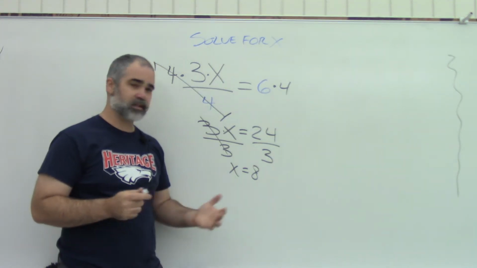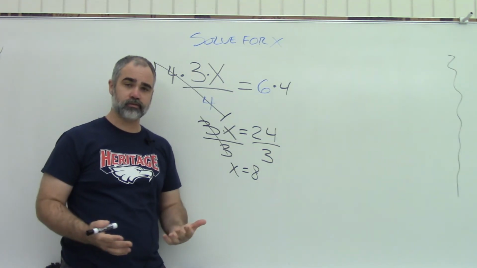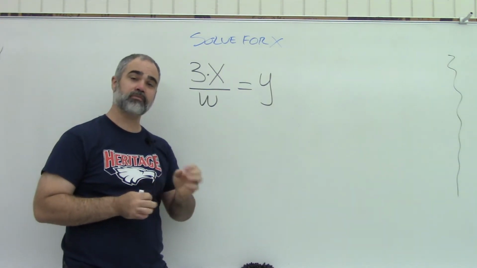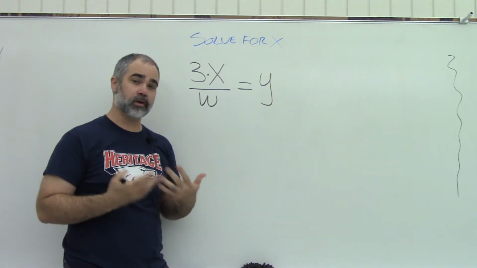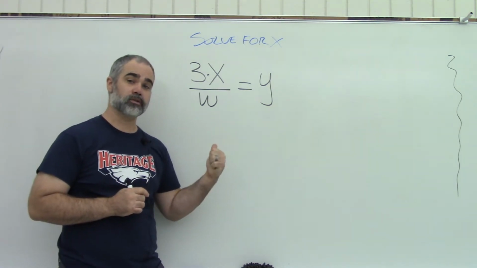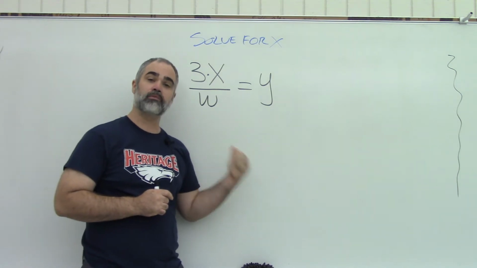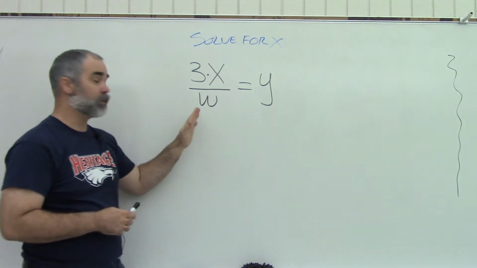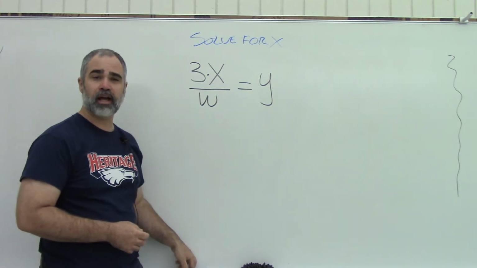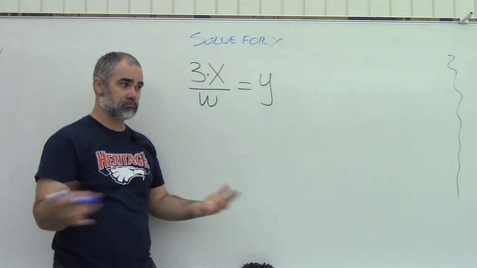Now let's see what happens if we do it with variables. All right, so I'm back to the variables here. Let's see if we can do the same thing, because remember, if variables really are numbers, that means anything we can do with numbers, we can do with variables. So what we did before is we multiplied both sides by 4, but now we've got a w. Is there any reason we can't multiply both sides by w?